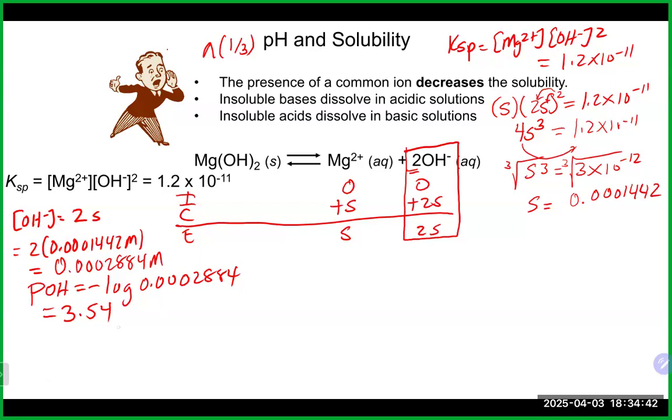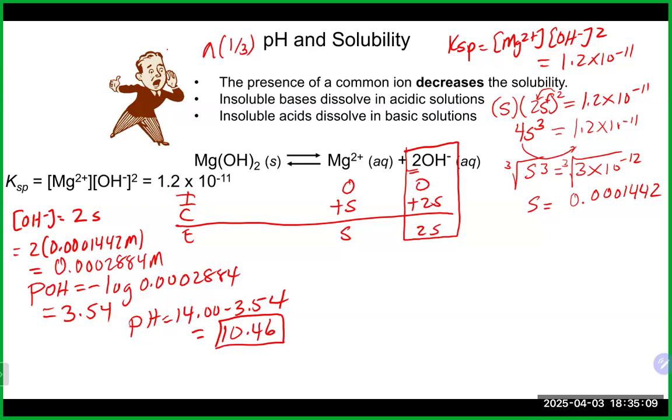That would then give me a pH of 14 minus 3.54. And that's going to get me a pH of 10.46. So this solution of magnesium hydroxide has a molar solubility of 0.001442, and it has a pH of 10.46.